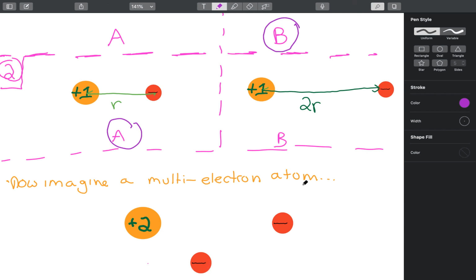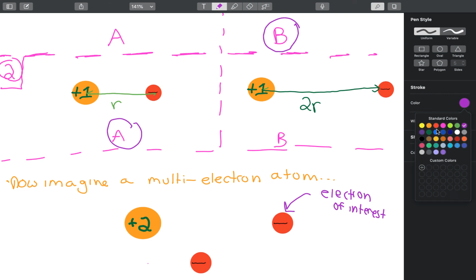So let's look at this electron here. This is our electron of interest. And let's map out the forces acting upon this electron of interest. So let's change my color here to pink.